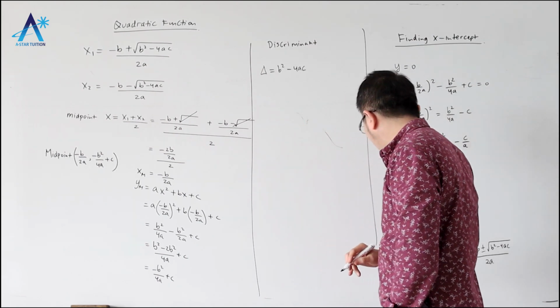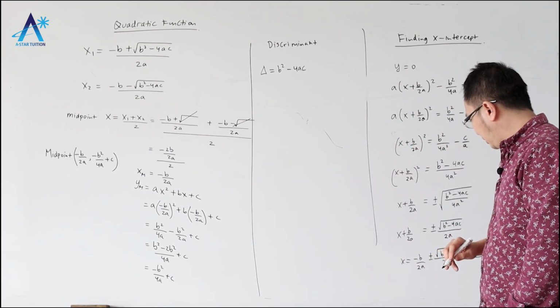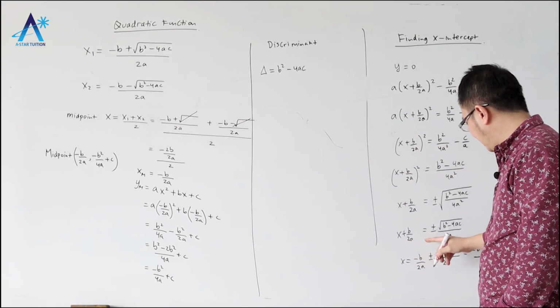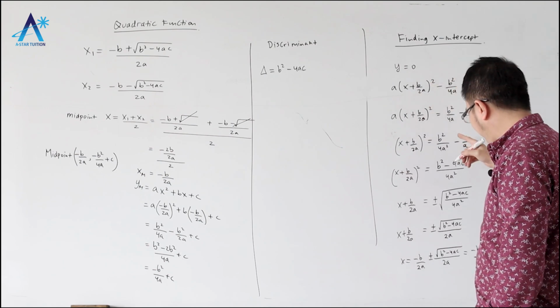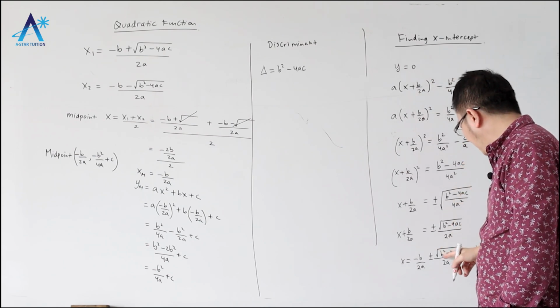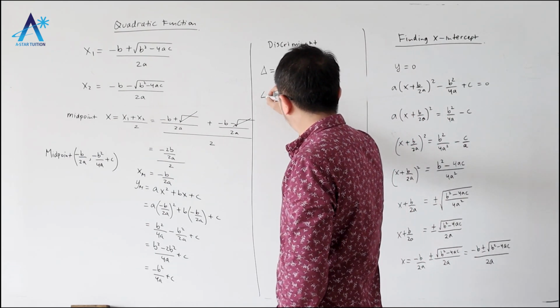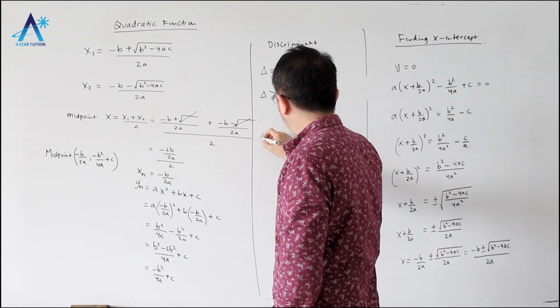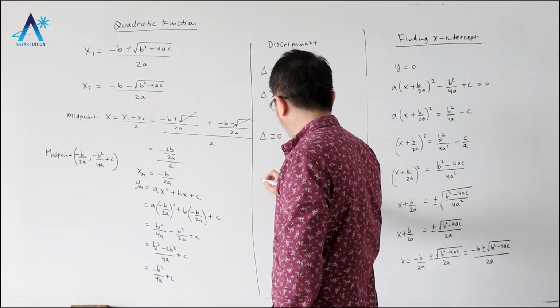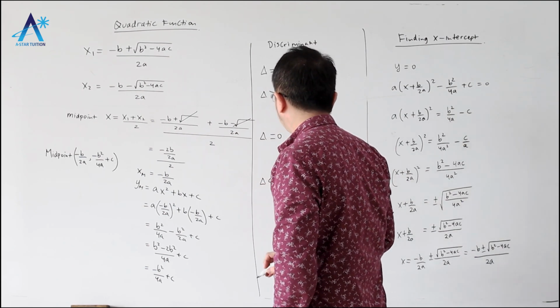Okay, we're going to analyze the nature of the quadratic function for the cases when the discriminant is positive, equal to 0, and negative.